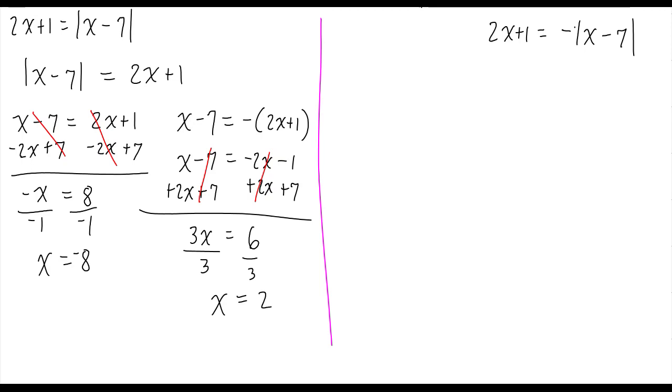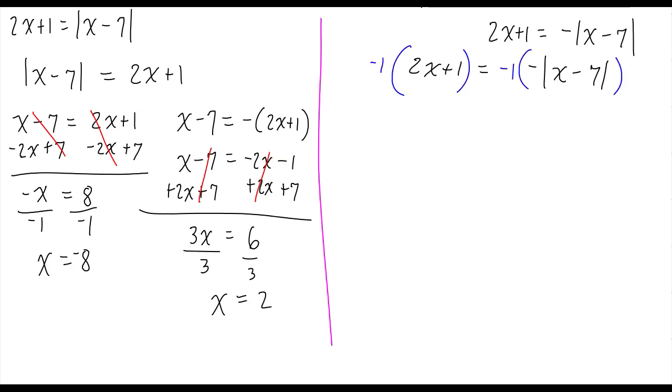Let's first deal with this negative in the front. Here we know we need the absolute value to be by itself. We need it to be positive. So what I'm going to do is actually just multiply both sides by negative 1, because a negative times a negative will be a positive.